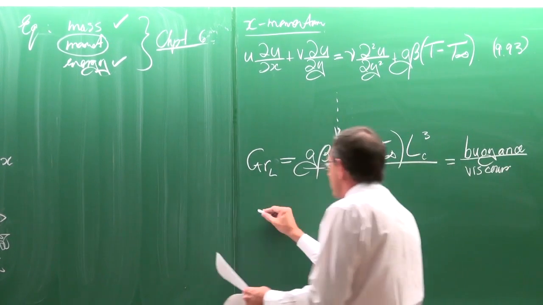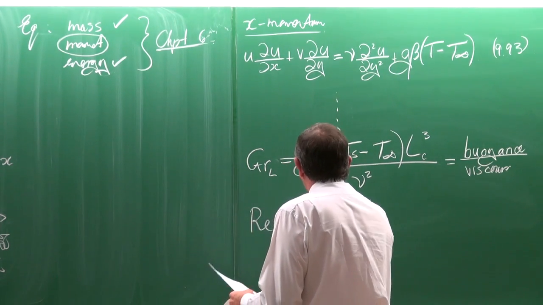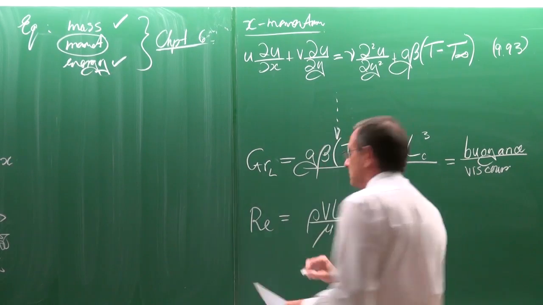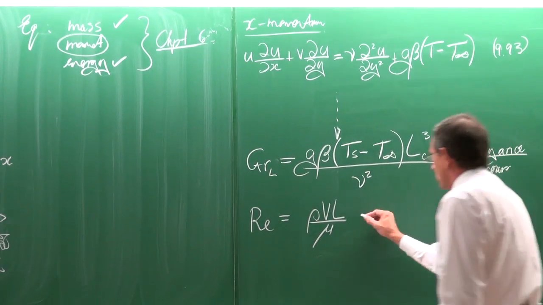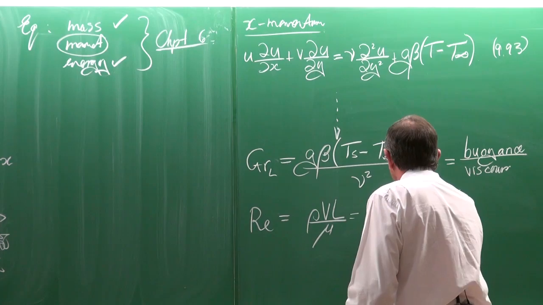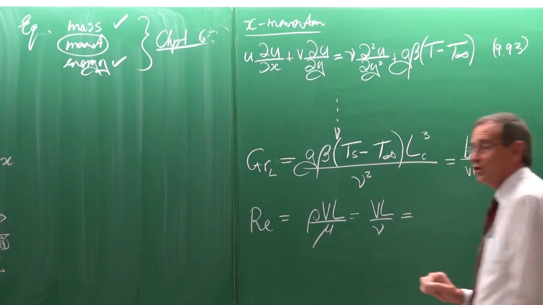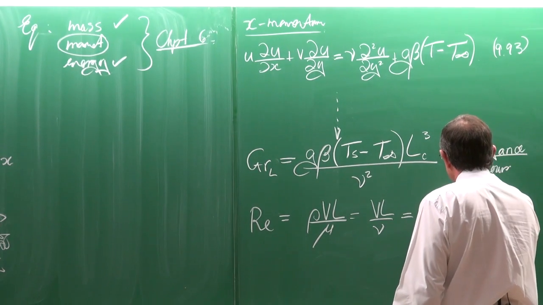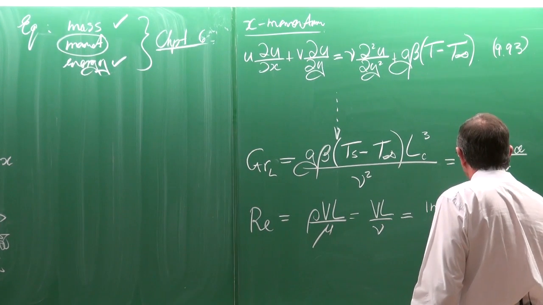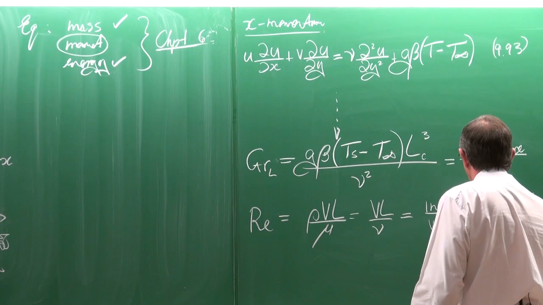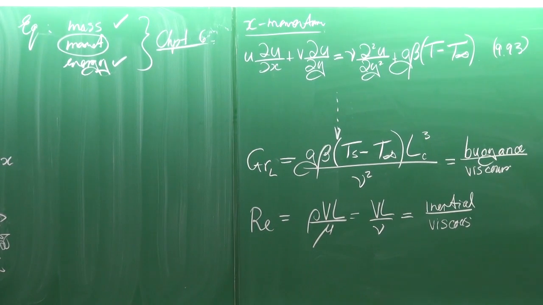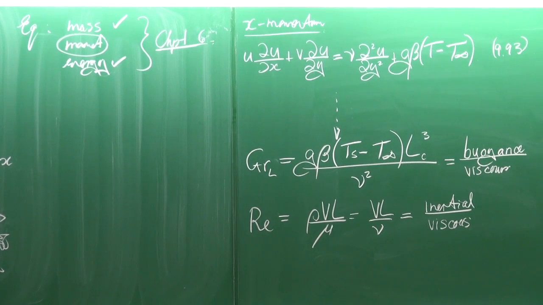While the Reynolds number, which is equal to rho v characteristic length divided by the viscosity, or VL divided by the kinematic viscosity, is the ratio of inertial forces to viscous forces. So Grashof is buoyancy to viscous, Reynolds is inertial to viscous.